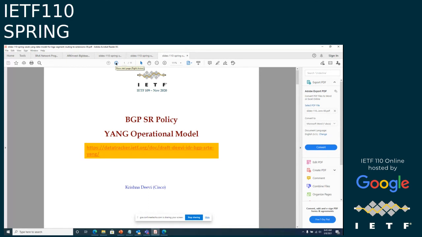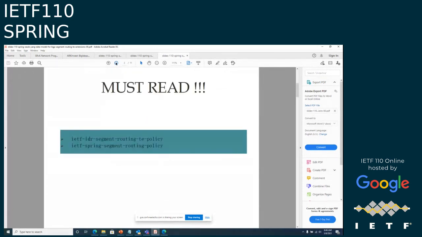So we split 3 documents out of this: one we call Spring BGP, one we call BGP-SR, the other BGP-SR-TE, and the third one for SRv6 services. This specific document on the agenda right now is the IDR BGP SR-TE YANG draft. You can go to the next slide, Jim.